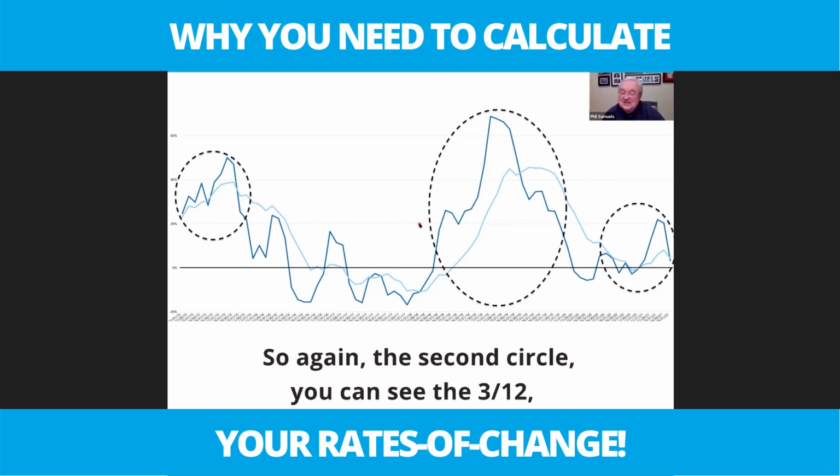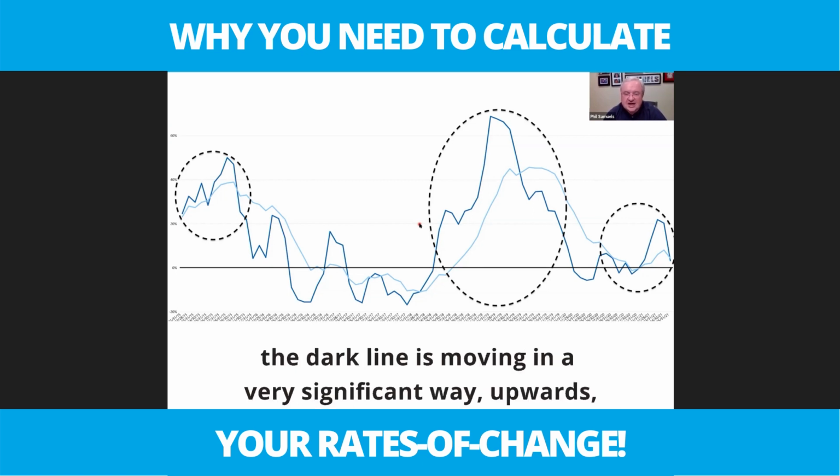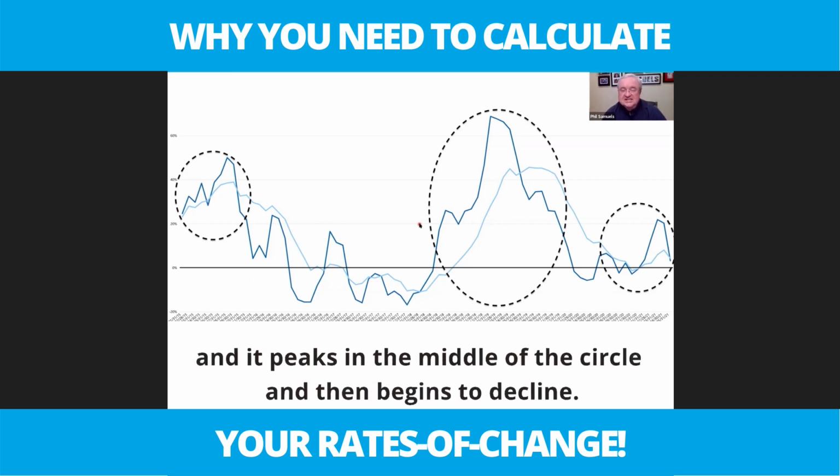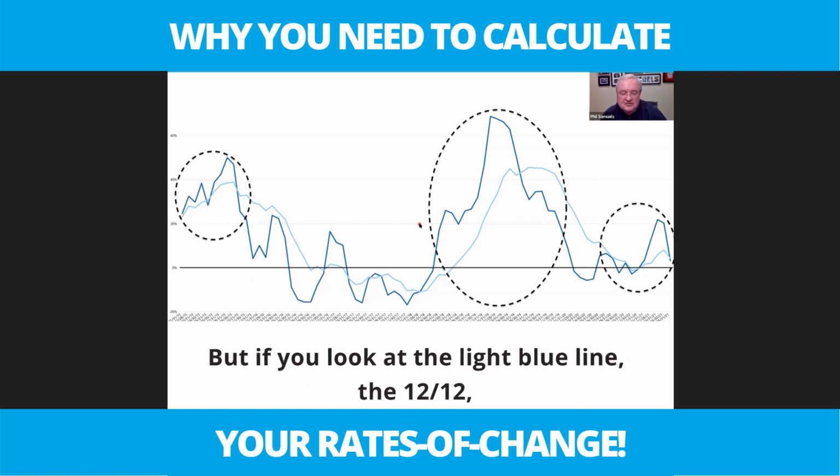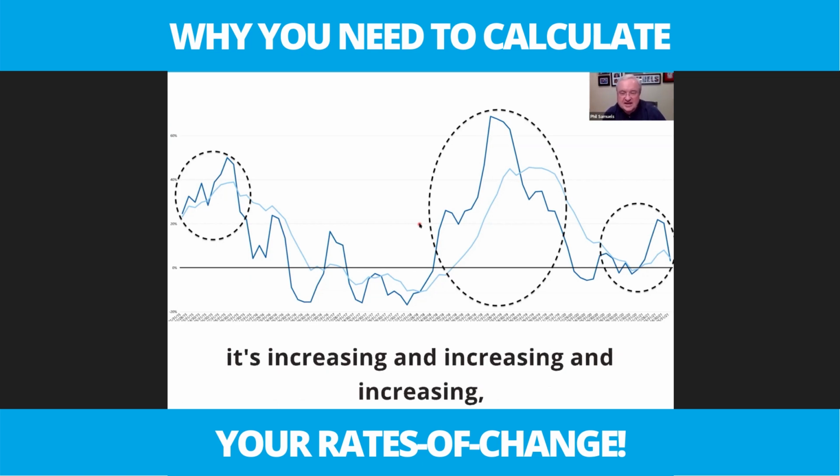Again, in the second circle, you can see the 3/12, the dark line, is moving in a very significant way upwards, and it peaks in the middle of this circle and then begins to decline. But if you look at the light blue line, the 12/12, it's increasing and increasing and increasing.